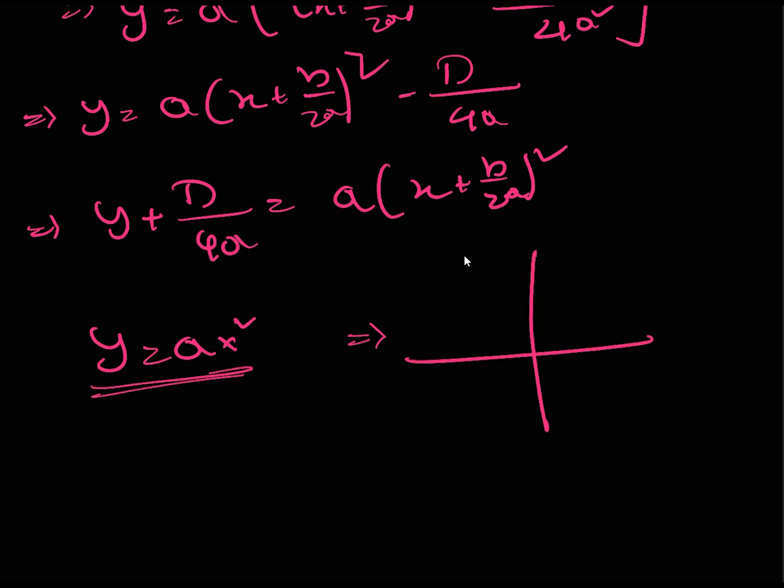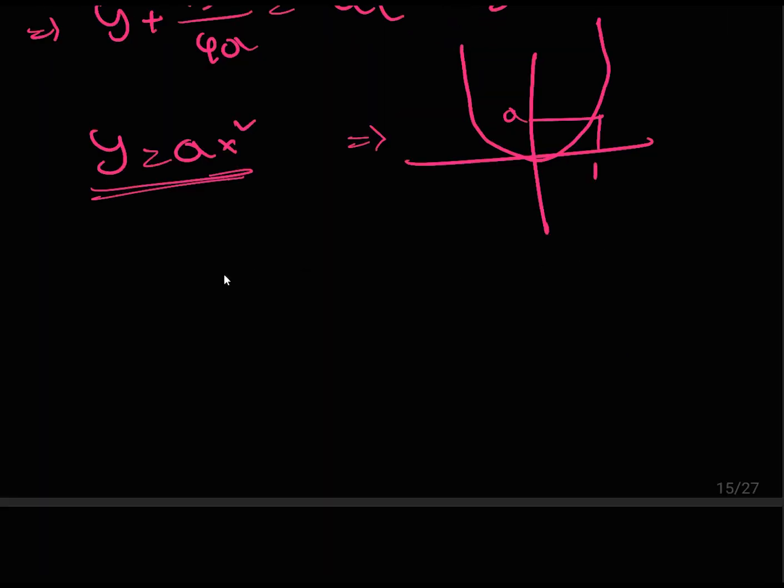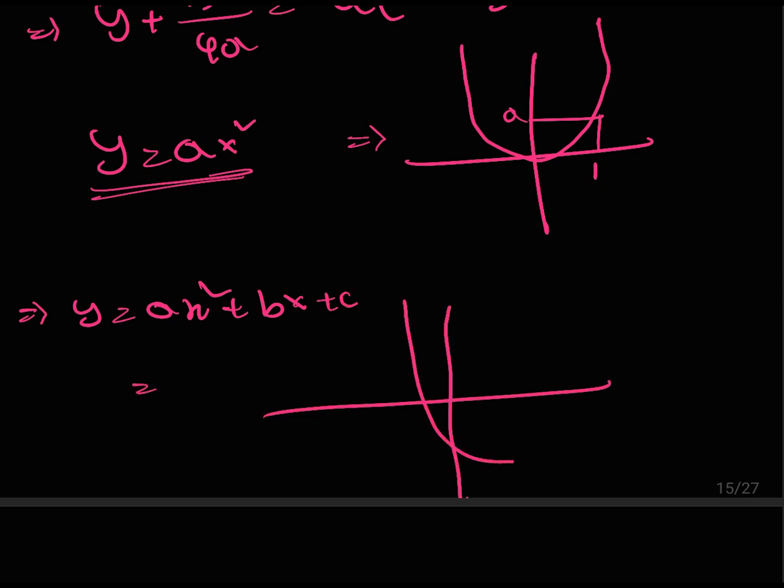It will be in the form of like this, where 1 equals a. Like this it will be. Therefore, the graph of the expression y equals ax square plus bx plus c will be the same x square graph, but shifted to minus b by 2a comma minus D by 4a.